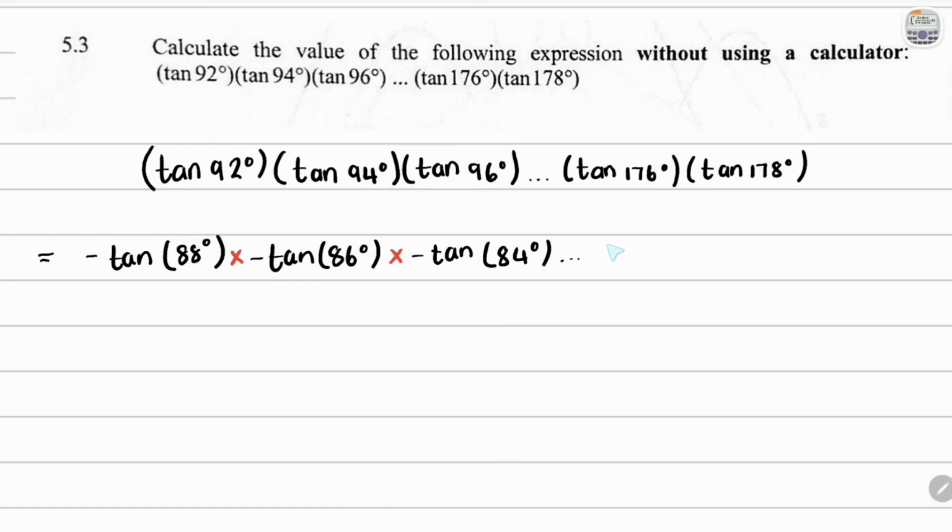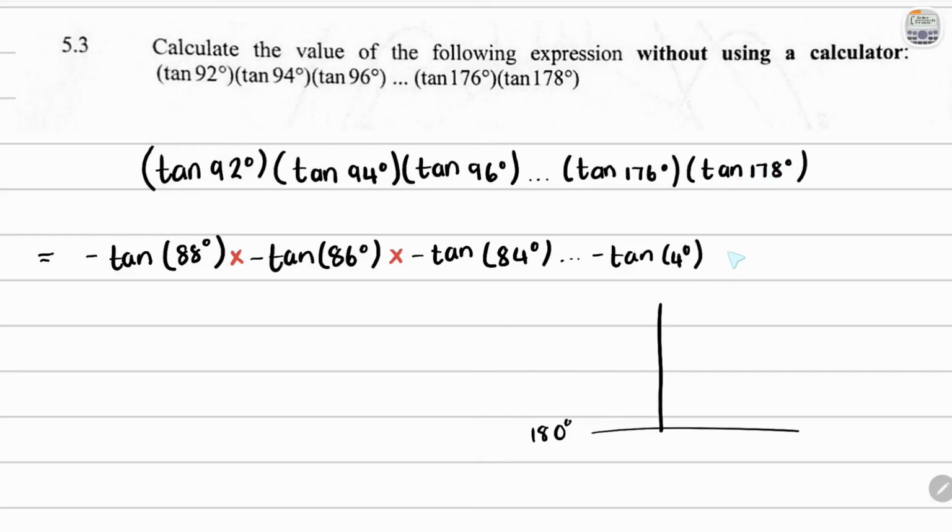And then if you move towards this side, that's also going to become negative. Now this time it is still within this quadrant, because it is 176. It's not more than 180 degrees. But you see that if you say 180 minus 176, you're going to get 4 degrees. So this one is going to be negative tan of 4 degrees.